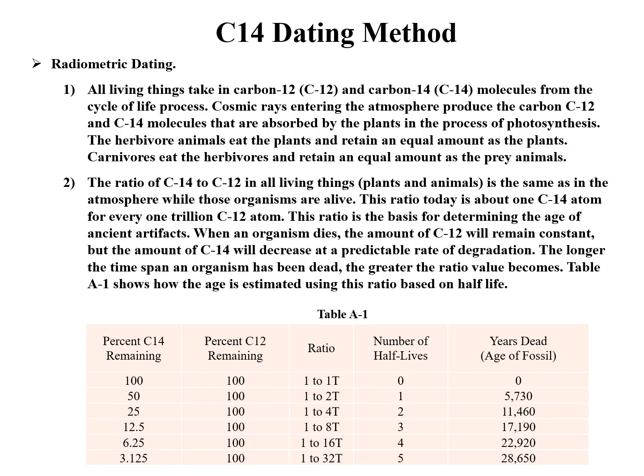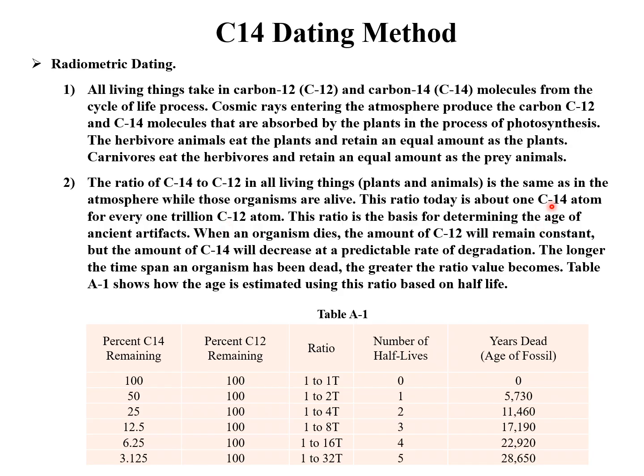The ratio of C14 to C12 in all living things is the same as in the atmosphere while those organisms are alive. This ratio today is about 1 carbon-14 atom to every 1 trillion carbon-12 atoms.